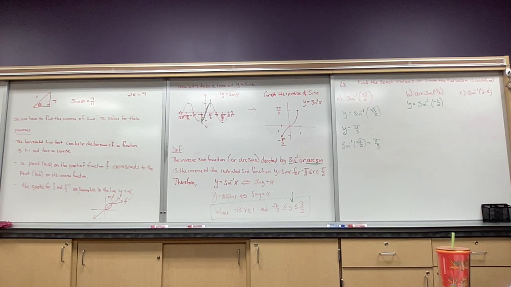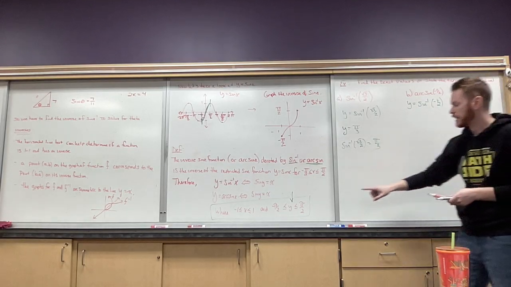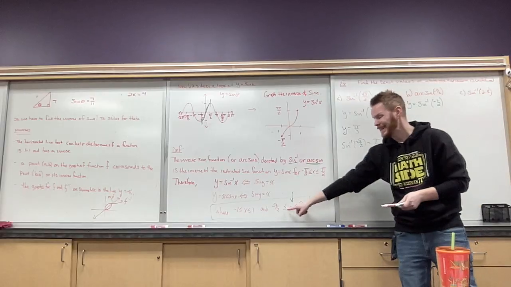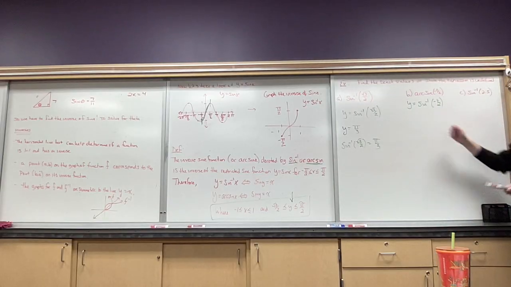So we know that pi over 6 gives me 1/2, right? We know that. But because it's negative, we're going in the fourth quadrant route. So we're looking at not pi over 6, but negative pi over 6 is what this is going to spit out.